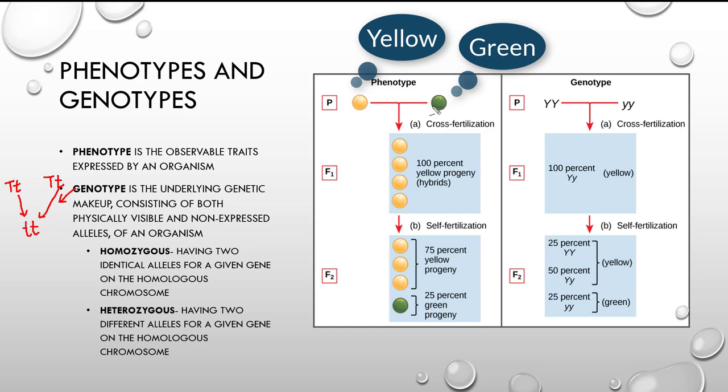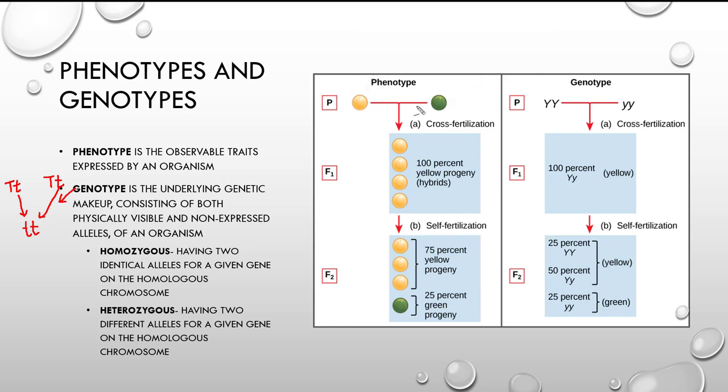If we just look at the phenotype, we can see that the parent generation is yellow and green. Then we allowed them to hybridize, and we looked at the offspring, and all of the plants of the offspring produced yellow peas.